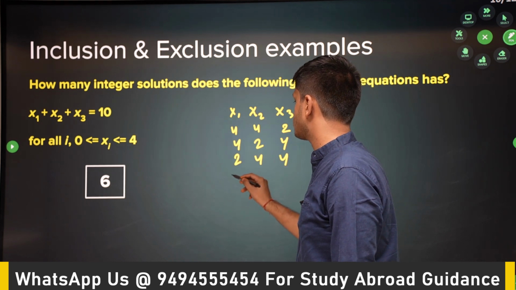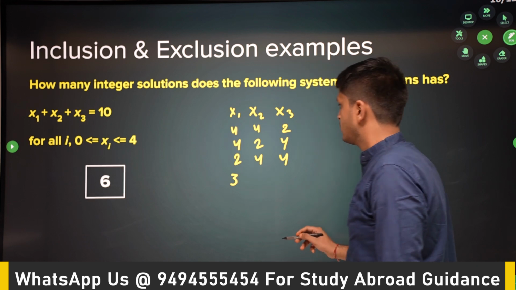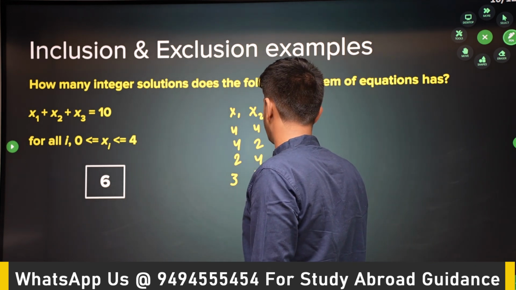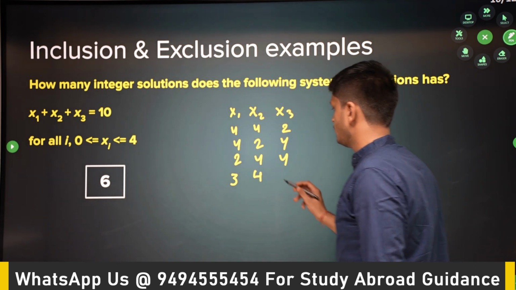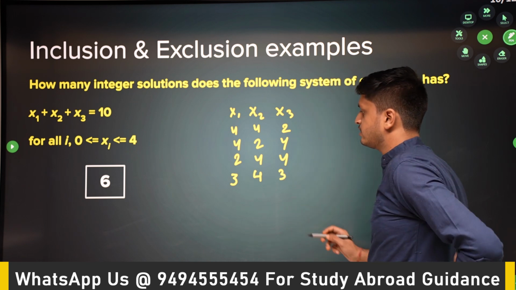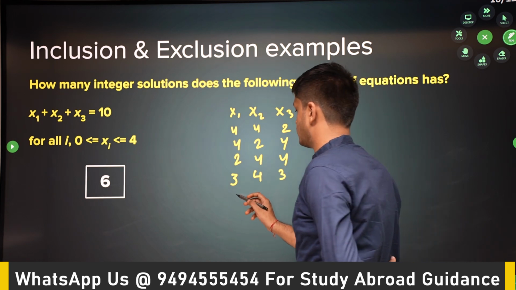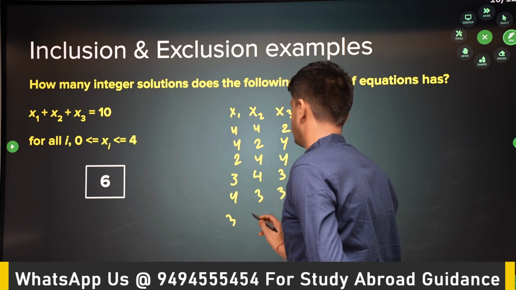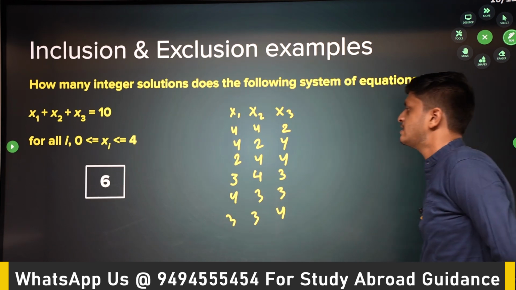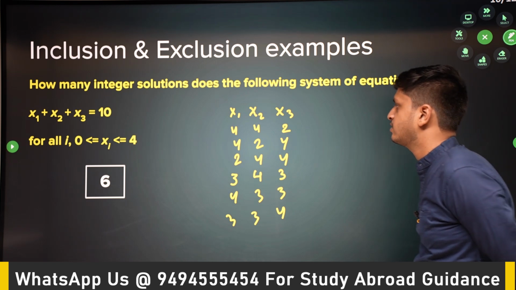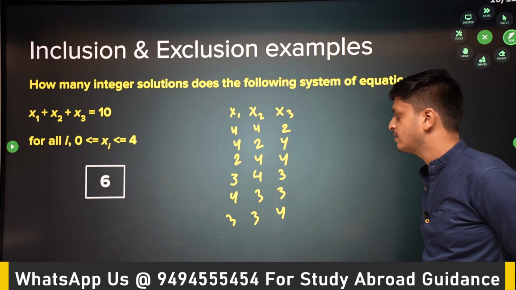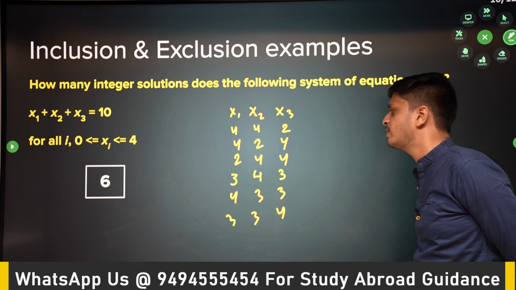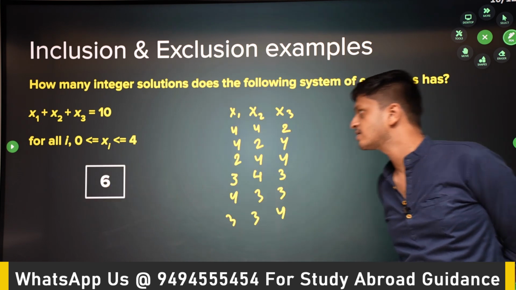Then let's say I make x1 equal to 3 and x2 equal to 4 and then 3. So 4 plus 3 plus 3 is also 10. So then 4, 3, 3. Then 3, 3, 4. So these are the only possible 6 solutions to this equation. You can check. You will not be able to get any more solutions.